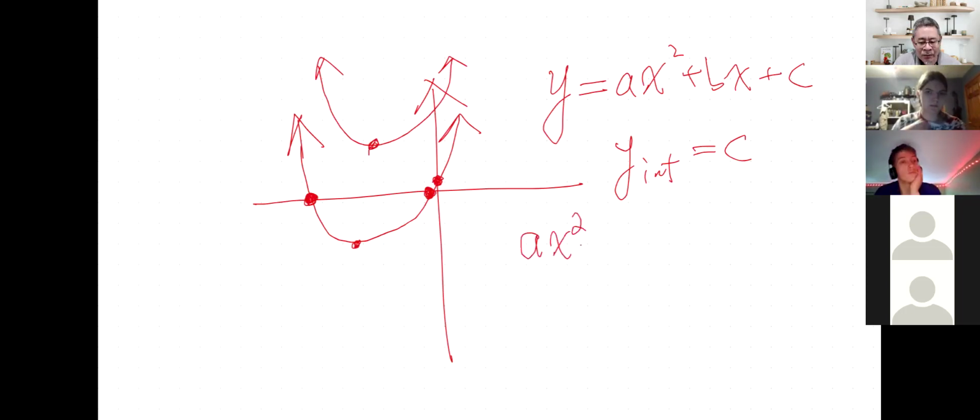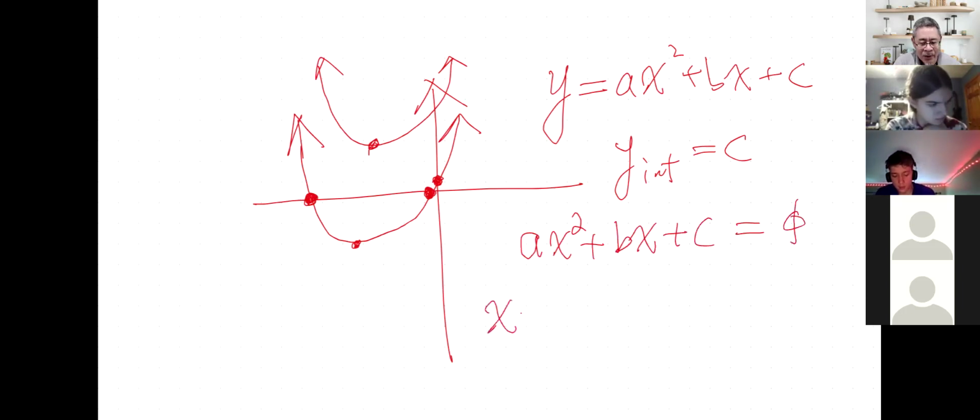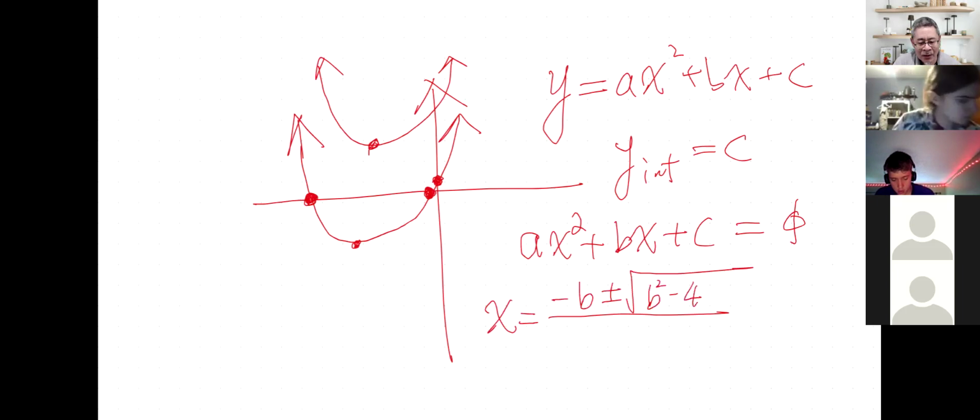Our formula tells us x is equal to minus b plus or minus the square root of b squared minus 4ac, over 2a.